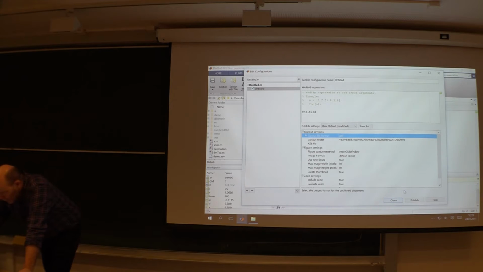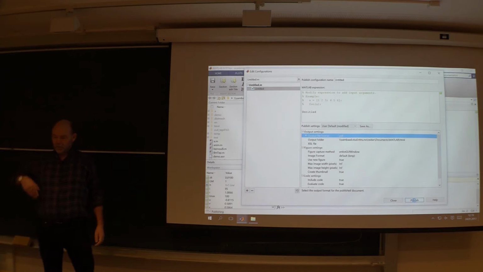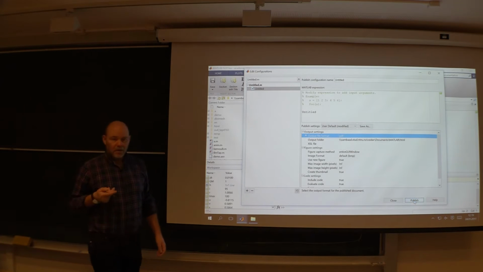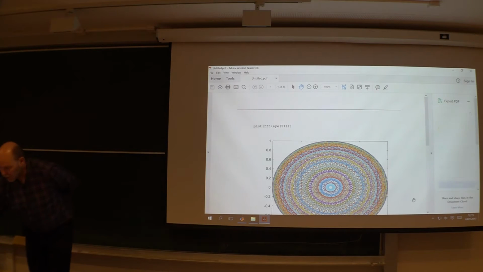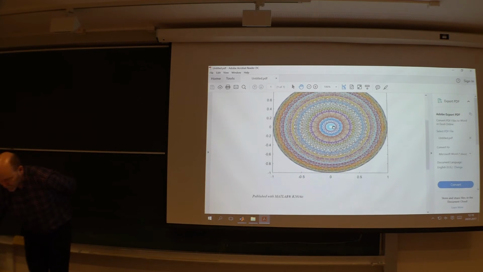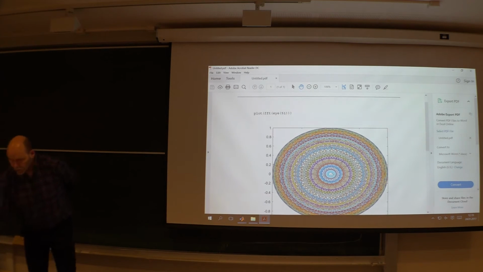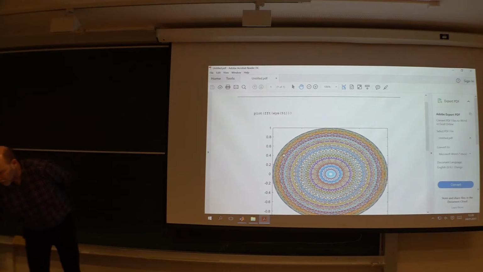So now I can hit publish. Then it will run the code and generate one PDF file, which, as you can see, contains the source code and the graphics. So far, so good. So this one you can now upload as your answer to any exercise.